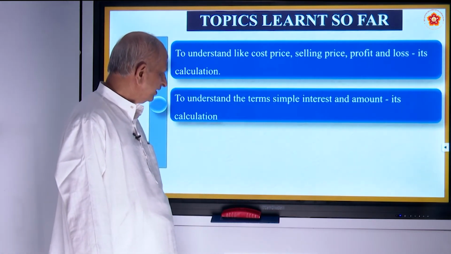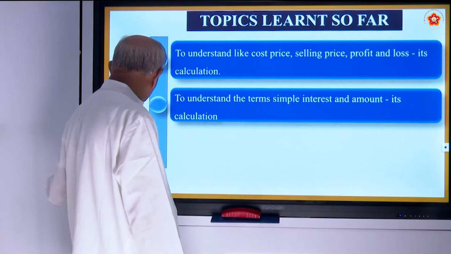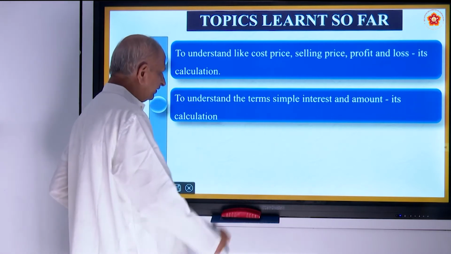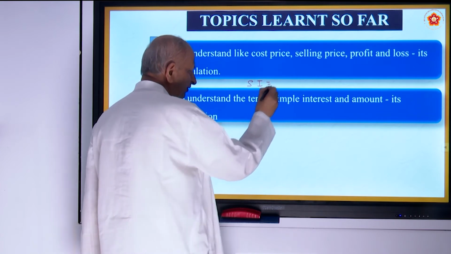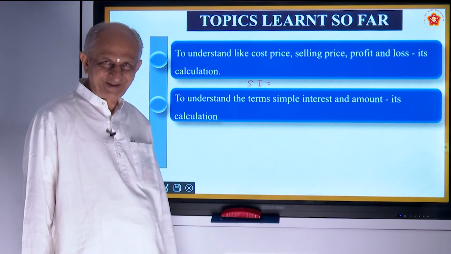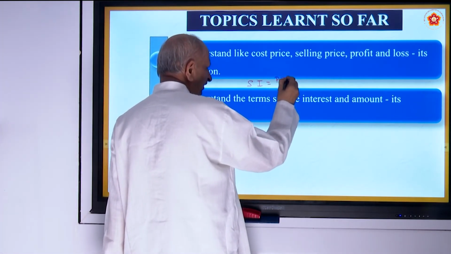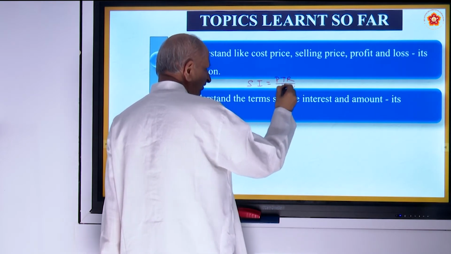And also we understood the term called simple interest. What is the formula for simple interest? SI is equal to, come on, who will tell? Yes? Good. So PTR by 100. What is P? Principal.